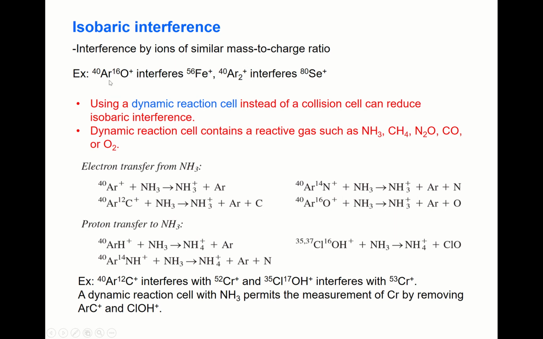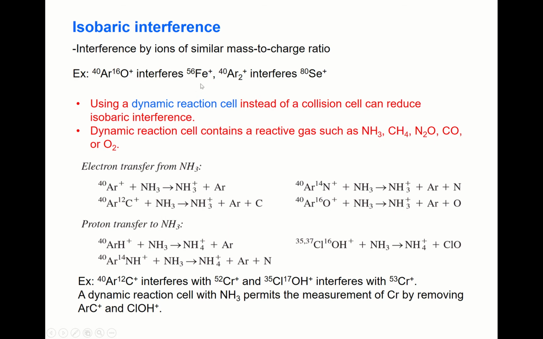Look at this argon oxide, just plus one charge. What's the mass? 40 plus 16 is 56, with the monovalent positive ion. By the way, ionization usually makes mostly positive ions, not negative ions. And what's the mass to charge ratio here? 56 divided by 1 is 56.